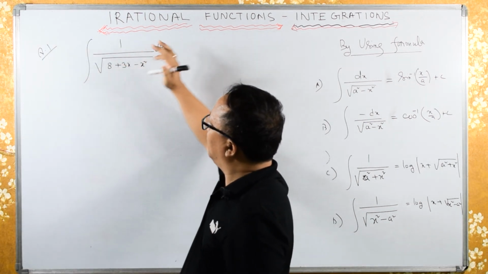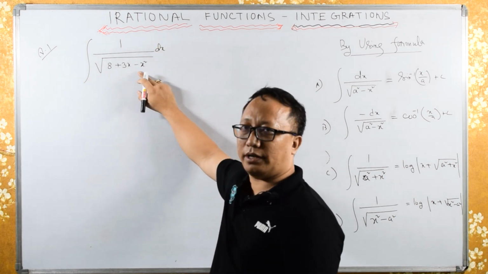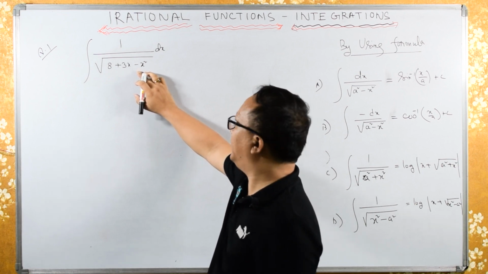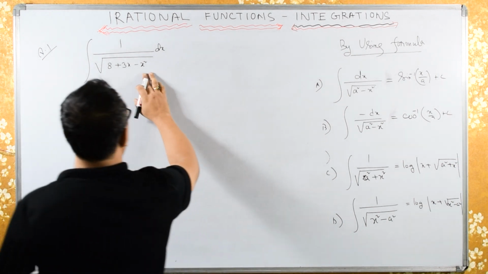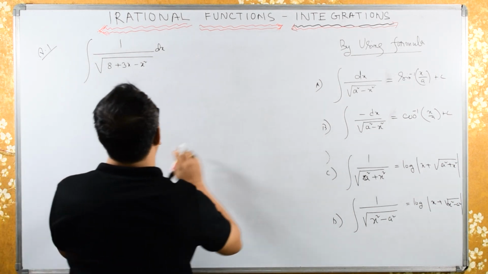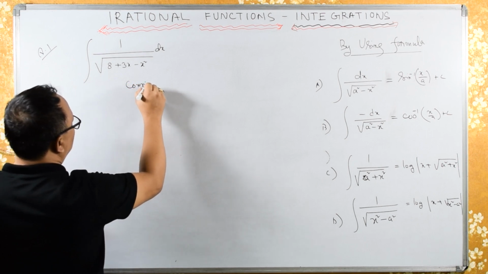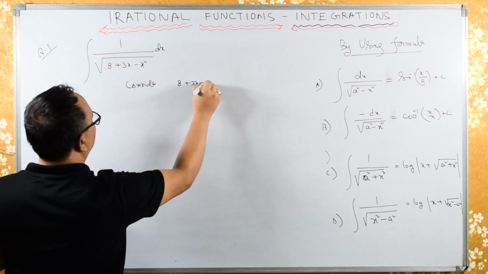It is given: 1 upon square root of 8 plus 3x minus x square. Here you have minus x square, so let's consider this term and then manipulate it. Consider 8 plus 3x minus x square.